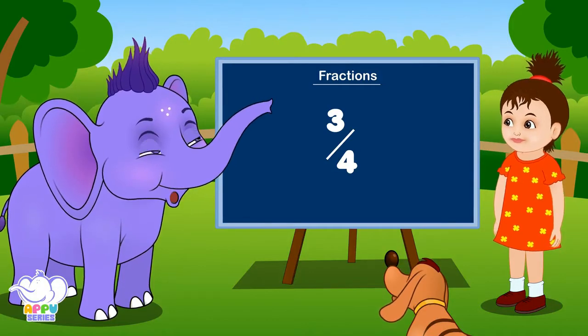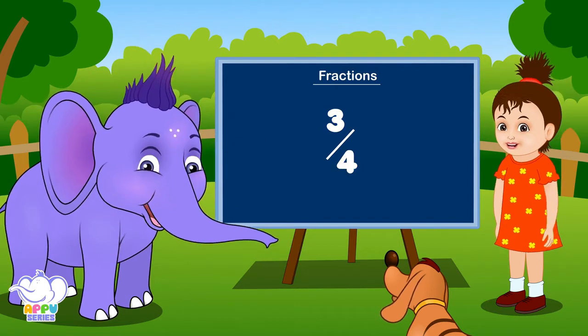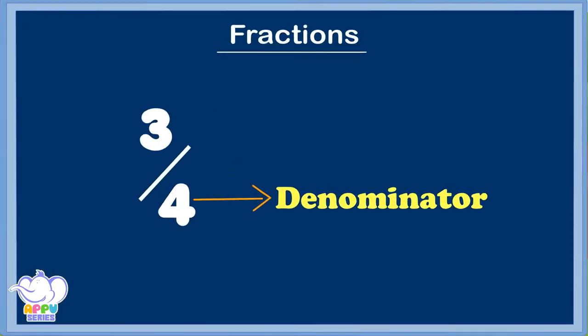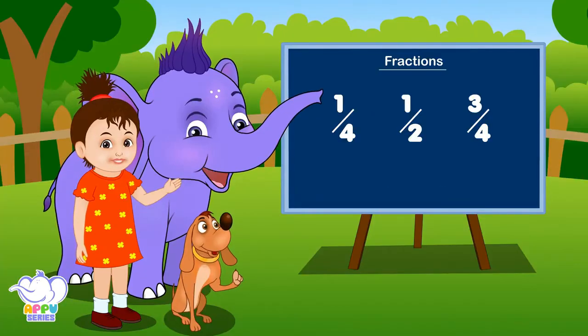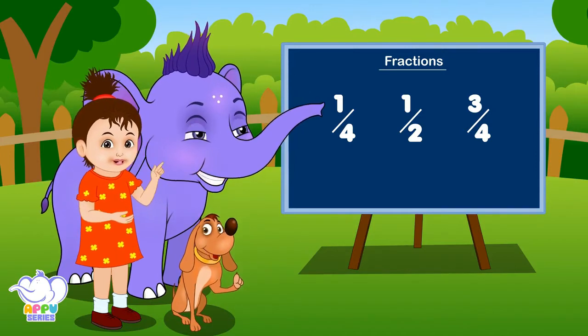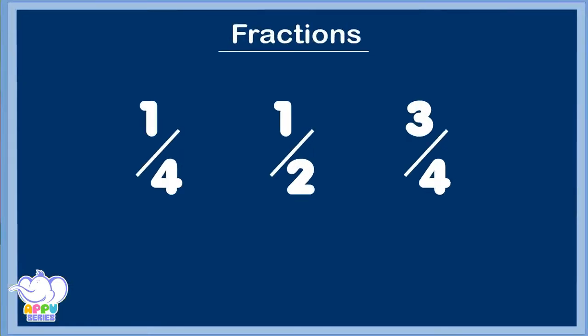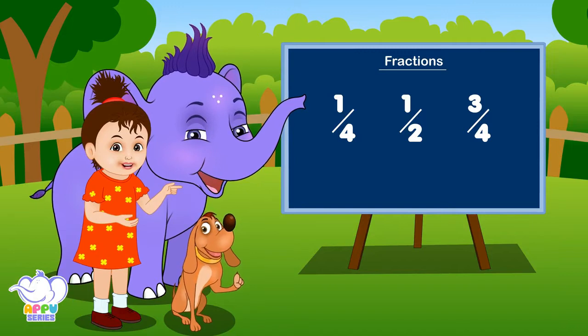The numbers are found top and bottom. Let's see how you can write them. Denominator goes down right here. Numerator goes up right here. Numbers between 0 and 1. They are pretty small. Check this out. Fraction is what they're called. You know where exactly they fall.